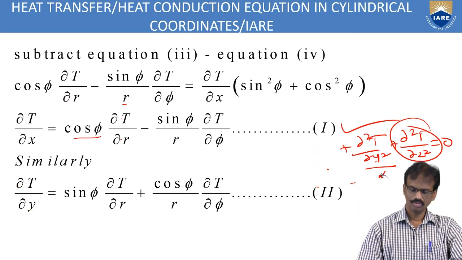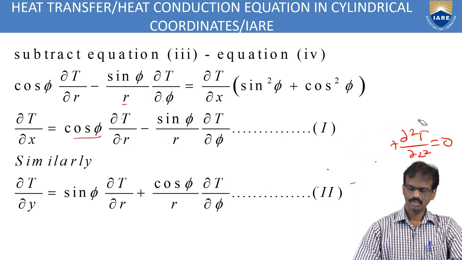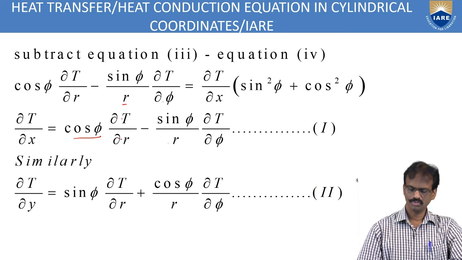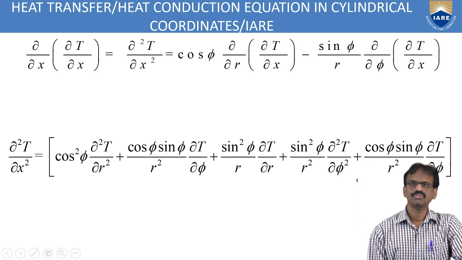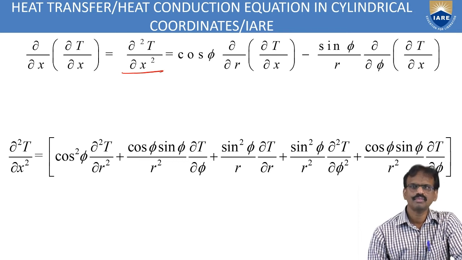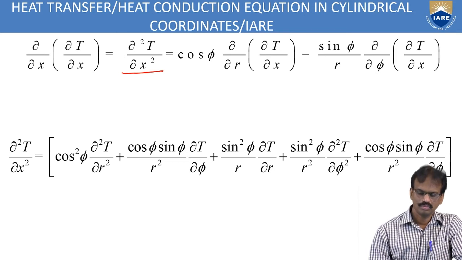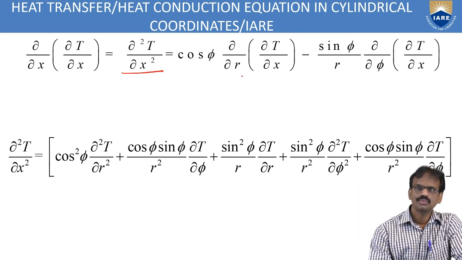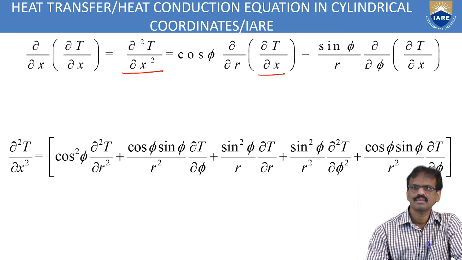Okay. Then you differentiate it again. It means ∂²T/∂x², you have to find this one. Okay. So that is cos φ into ∂/∂r of ∂T/∂x. Okay.